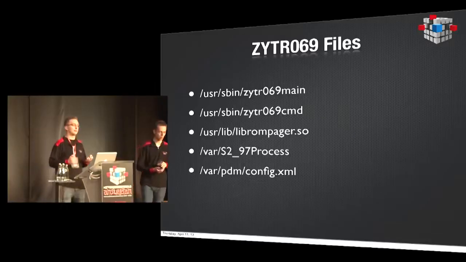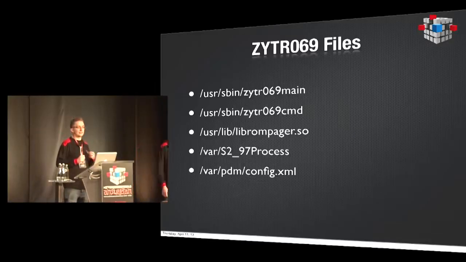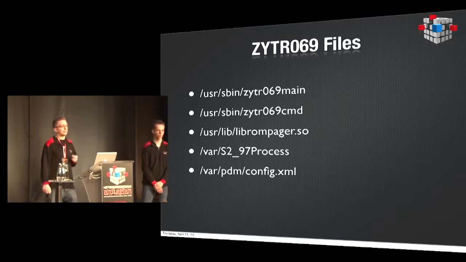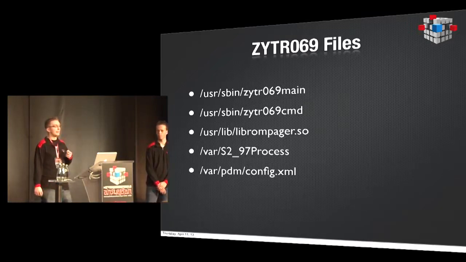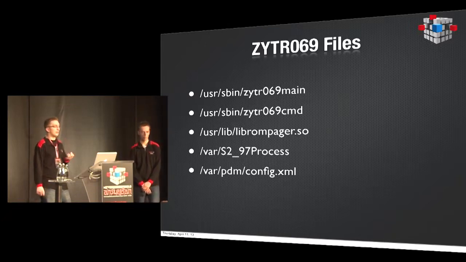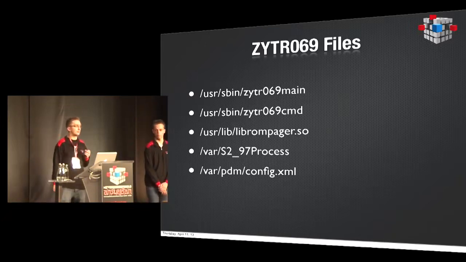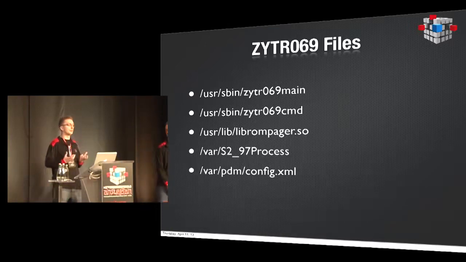So let's have a deeper look at how TR069 is implemented on these Geissler modems. Basically, there are two binaries responsible for handling all the TR069 stuff, which are /usr/sbin/ZyTR069_main and /usr/sbin/ZyTR069_command. The main binary actually does most of the work, whereas the command is invoked by main to dispatch certain actions.